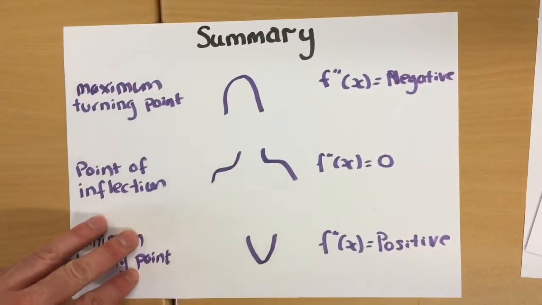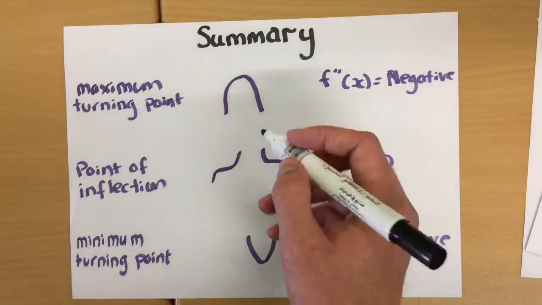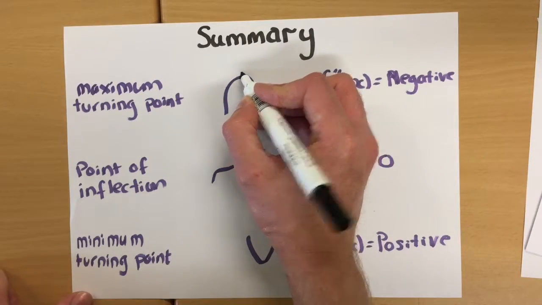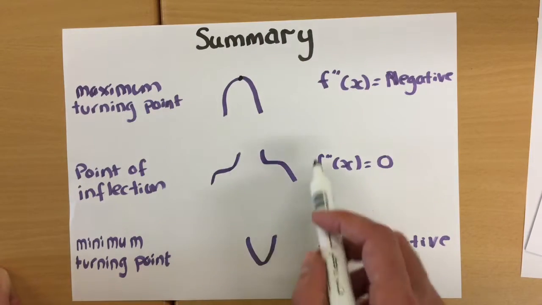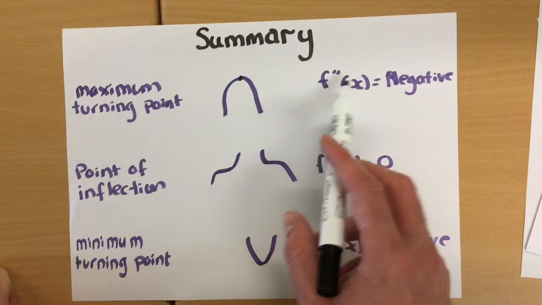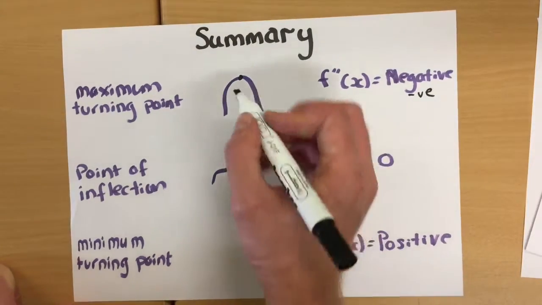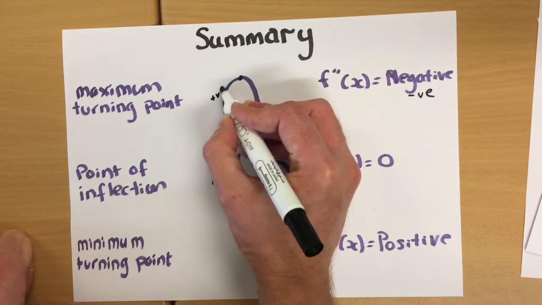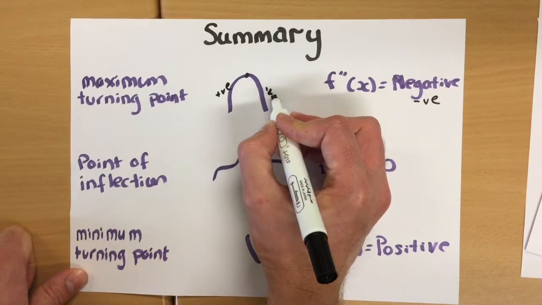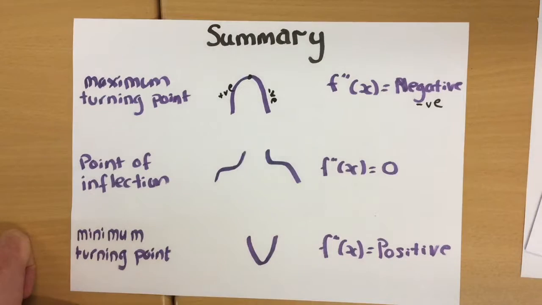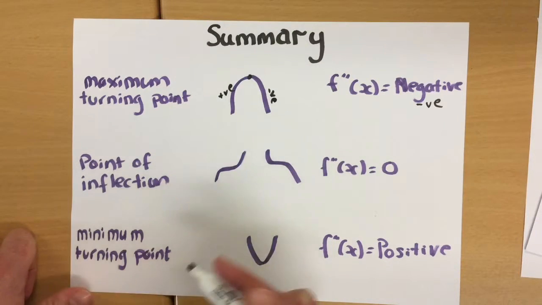To summarise, a local maximum turning point is when our second derivative gives us a negative answer. That's because our graph was positive and it's turning into a negative in terms of the gradient.